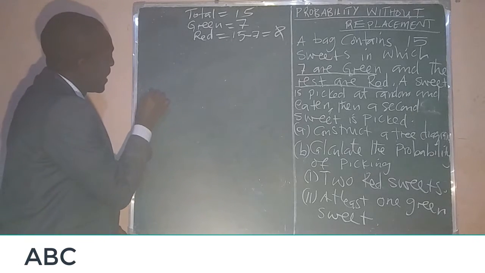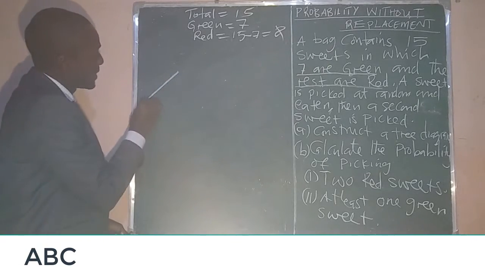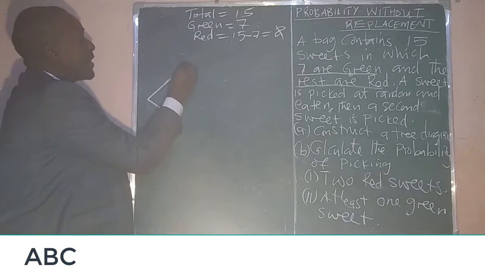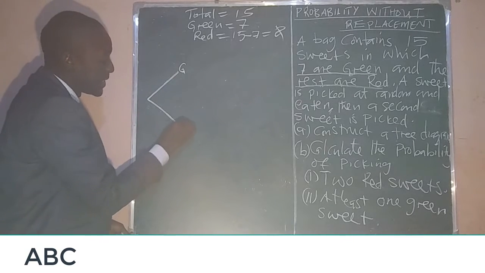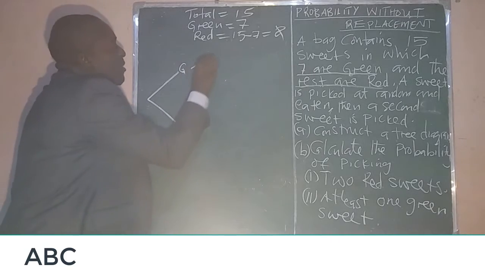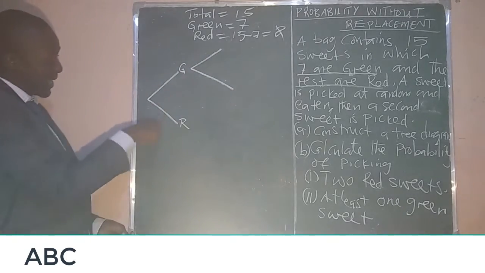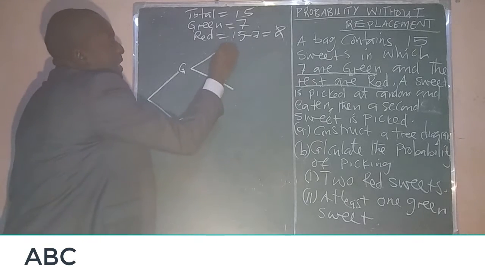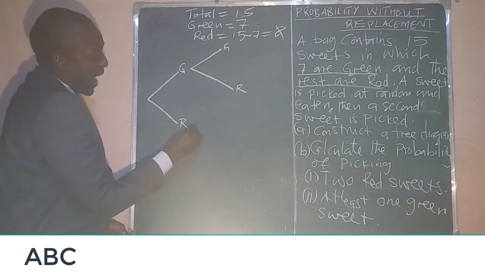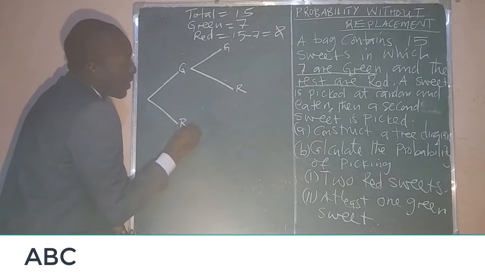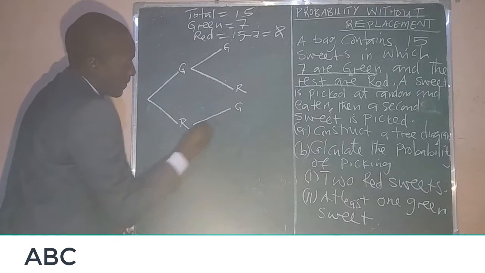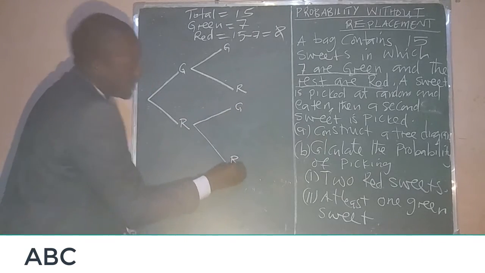We are going to have the first branch, with green here and red here. Since we are picking twice, we are going to have another one that looks just like this. We are going to have green here and red here, and on the other one, green and also red.